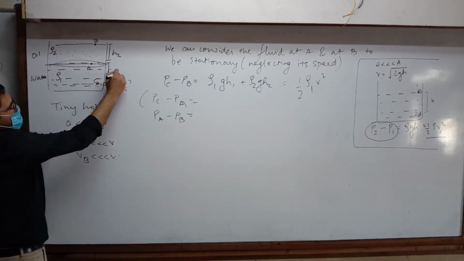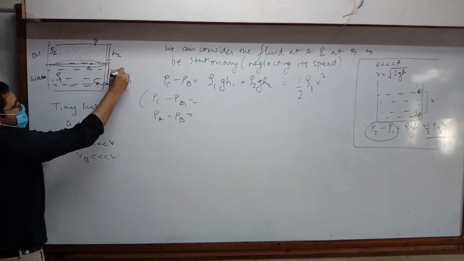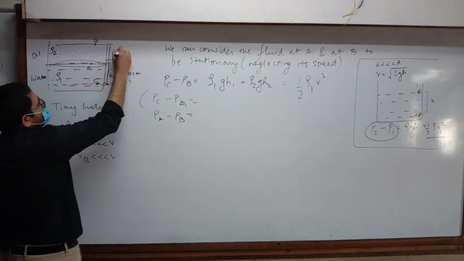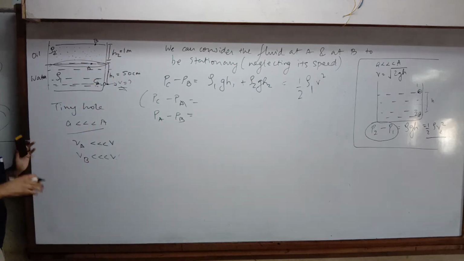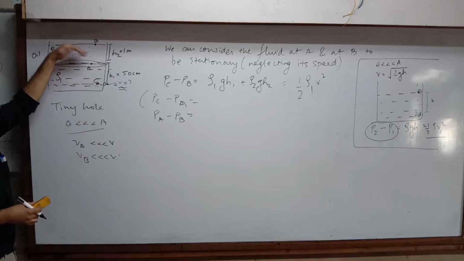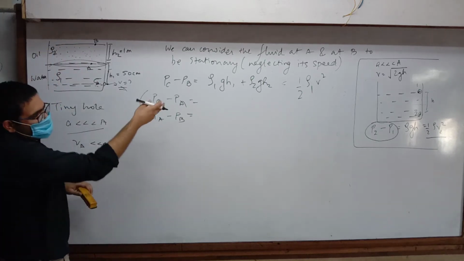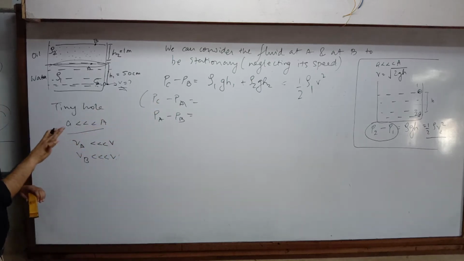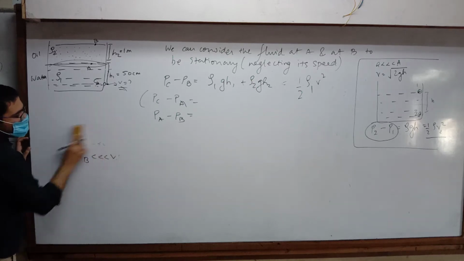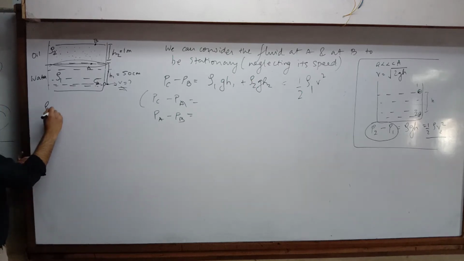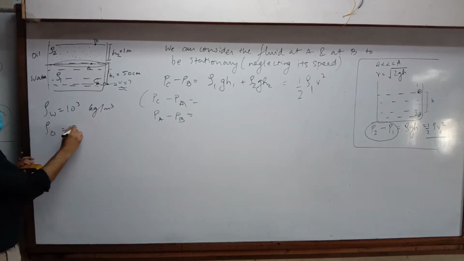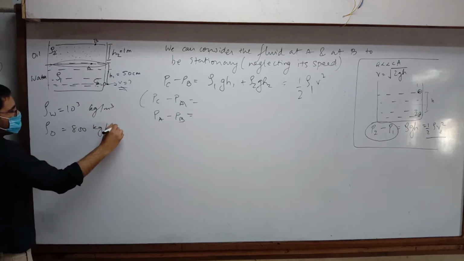Let's say the height above this hole for water is, suppose, 50 centimeter and over here is, let's say, 1 meter. Okay, big vessel, 50 centimeter, 1 meter height, filled with water and oil. Suppose the density of water is as usual 10 raised to 3 and the density of oil, let's say, is 800 kg per meter cube.